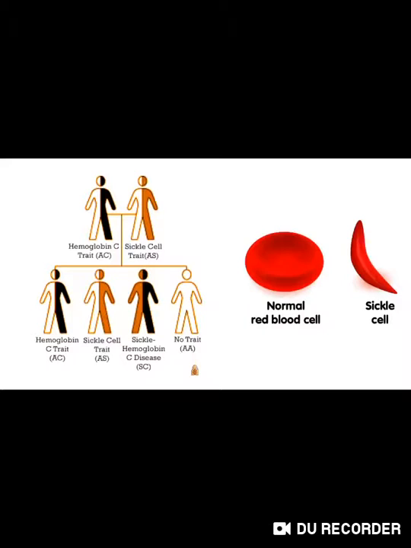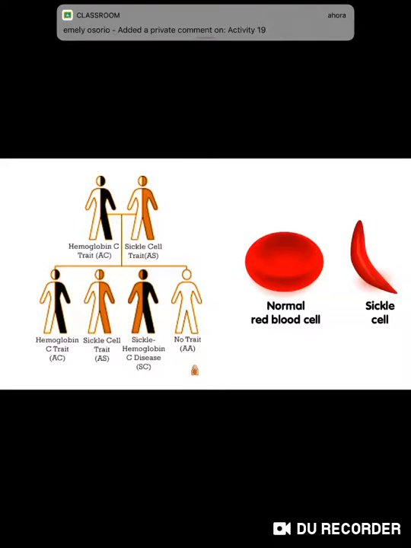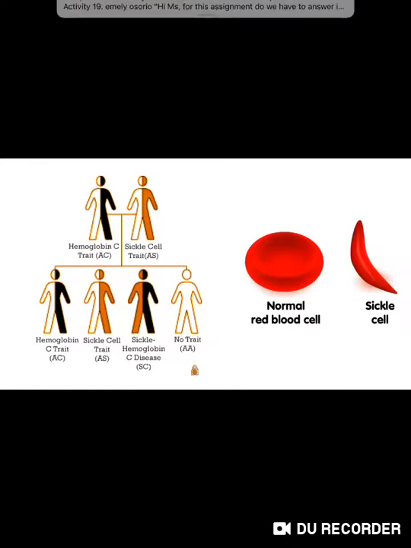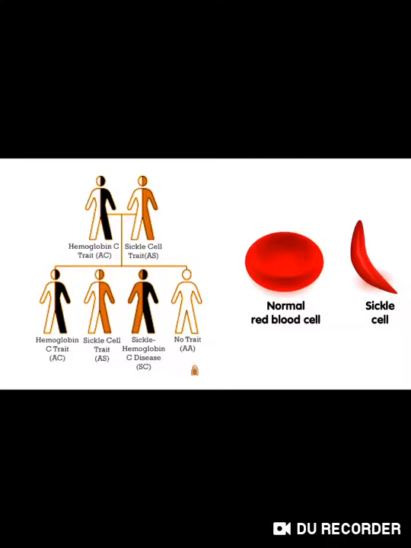So when they have offspring, one of the offspring is going to express the trait. The other one is going to carry the trait. Another offspring has combined traits, and this is the offspring that expresses the disease, sickle cell anemia, and one of the offspring has none. They don't express it and they don't carry the disease.